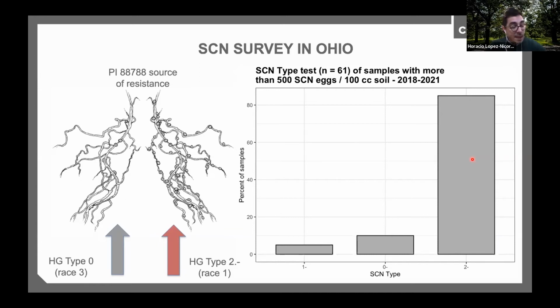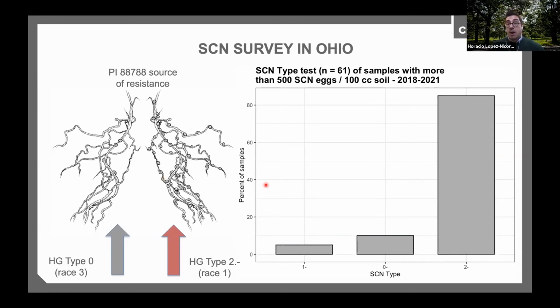The problem is that some of this population can reproduce on PI 88788 60% compared to a susceptible. So now we have only 40% efficiency, if you think of it that way, on managing soybean cyst nematode.